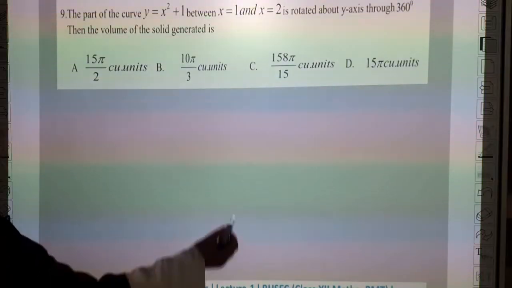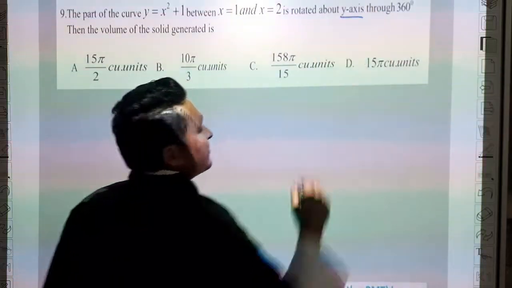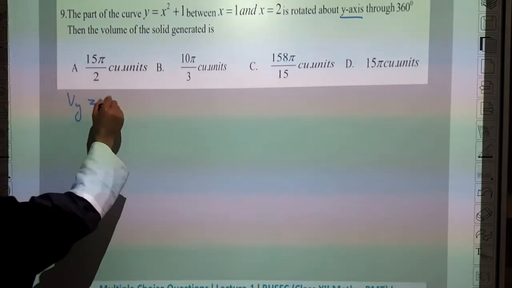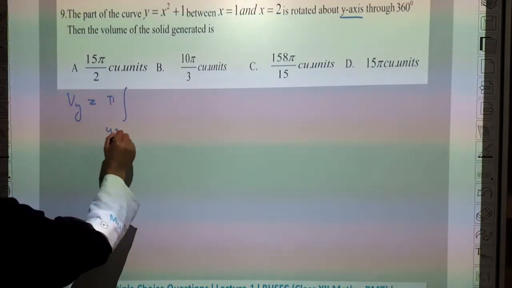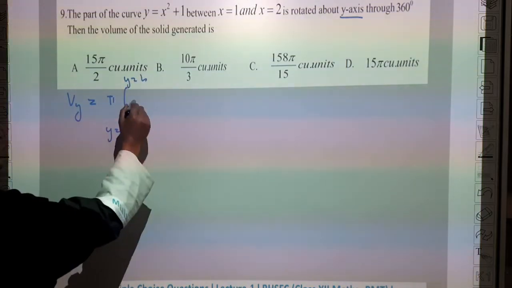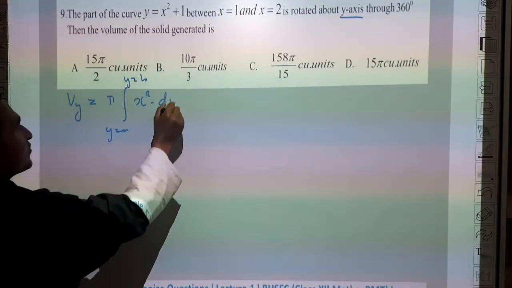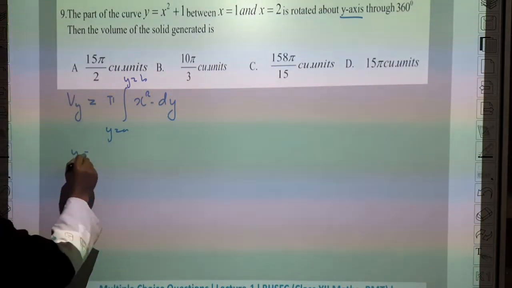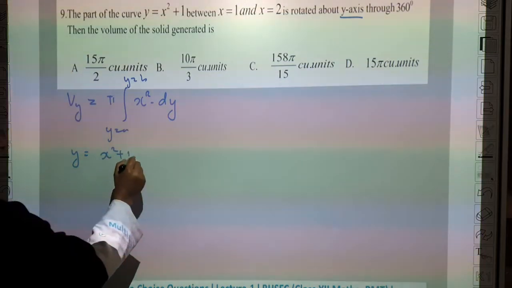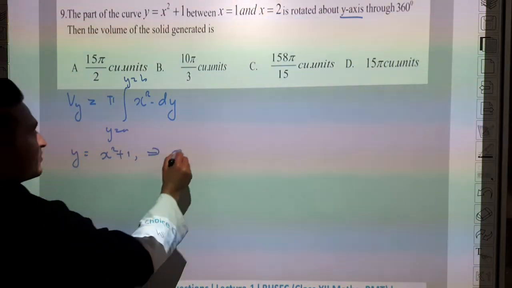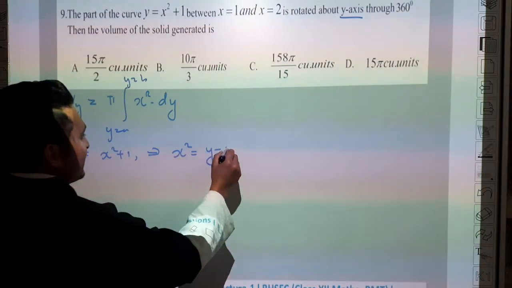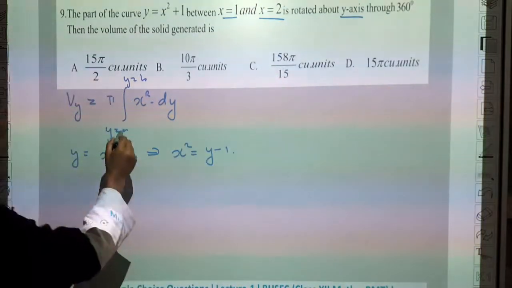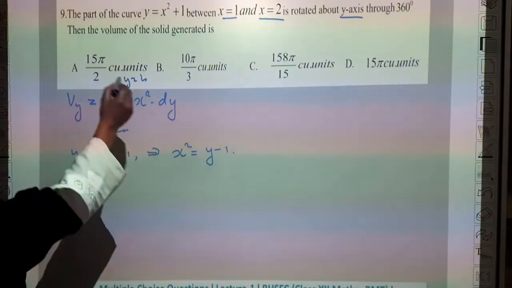As soon as we see that the curve is revolved about the y-axis, we know that the volume Vy is equal to pi times the integral from y equal to a to y equal to b of x square dy. Remember this. Now here we are given y is equal to x square plus 1, so x square is equal to y minus 1. The limits are given in x, but we need limits from y equal to a to y equal to b.